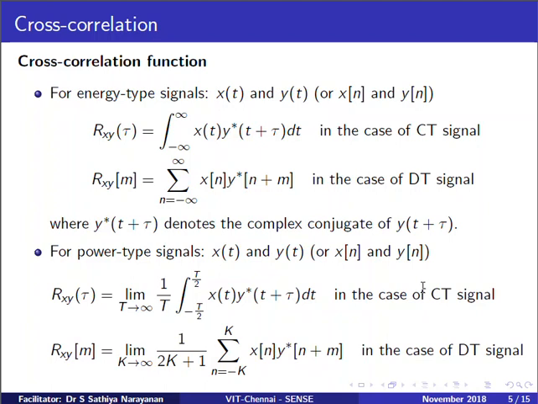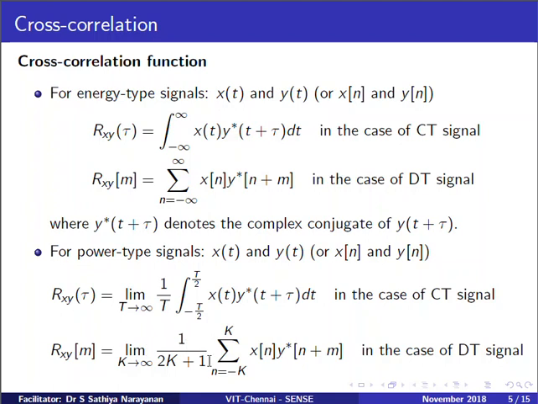And in the case of discrete time power type signals x of n and y of n, the cross correlation is expressed as rxy of m equal to limit K tends to infinity of 1 divided by 2K plus 1, summation n equal to minus K to K of x of n times y star of n plus m, that is y conjugate of n plus m.